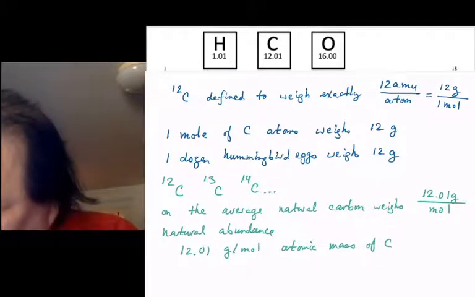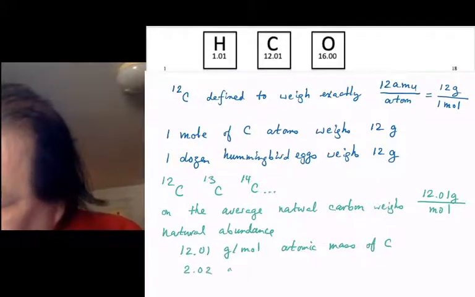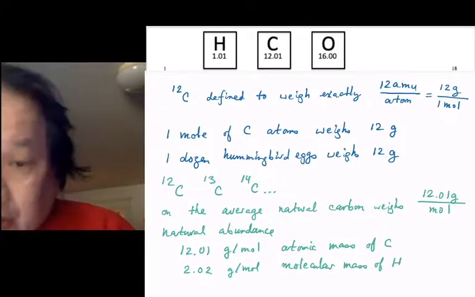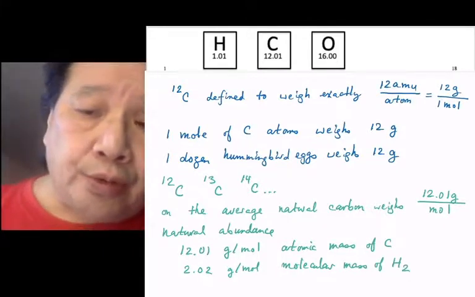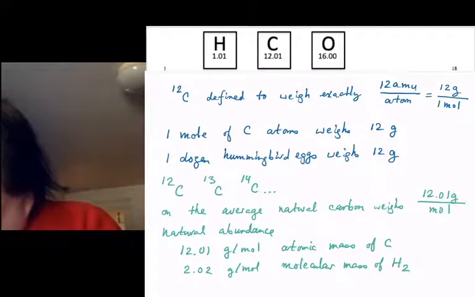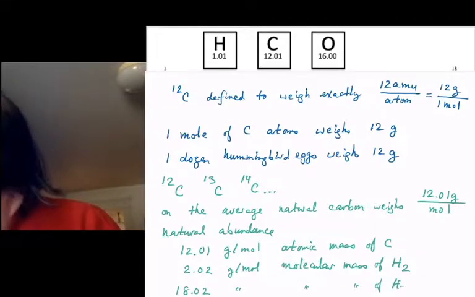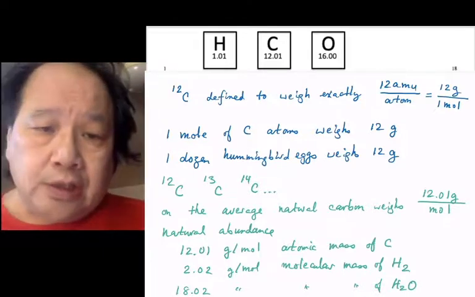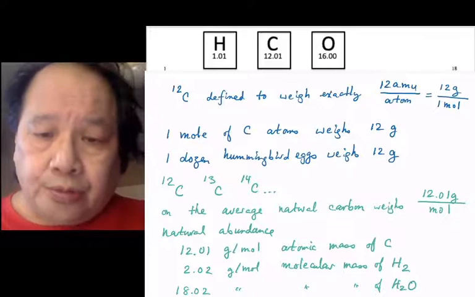So 2.02 grams per mole is the molecular mass of H2, because each H on the average weighs 1.01 grams per mole. 18.02 grams per mole is the molecular mass of water. 1 mole of water, whatever that big chemist dozen is, weighs 18.02 grams.